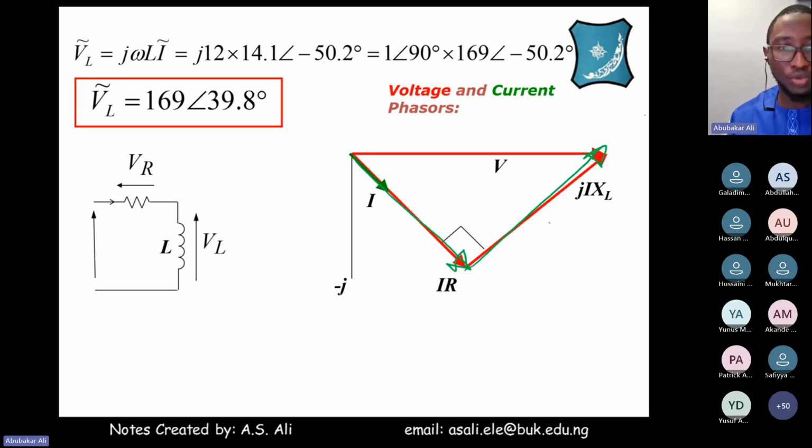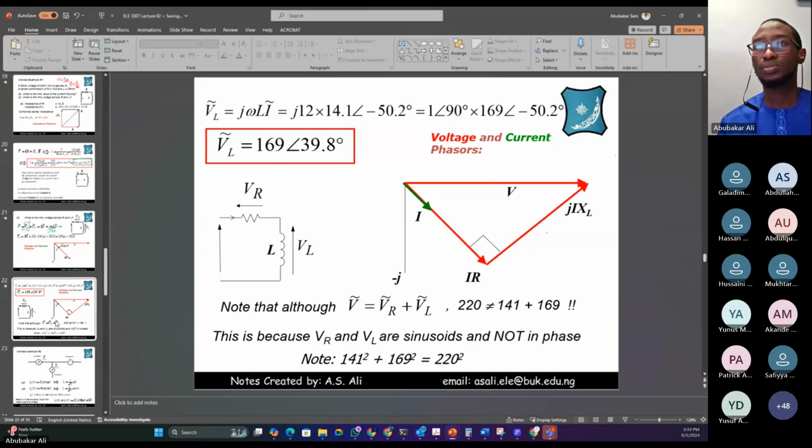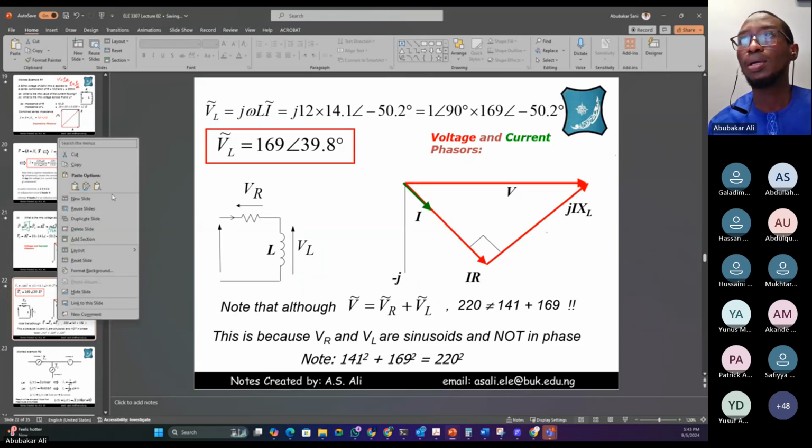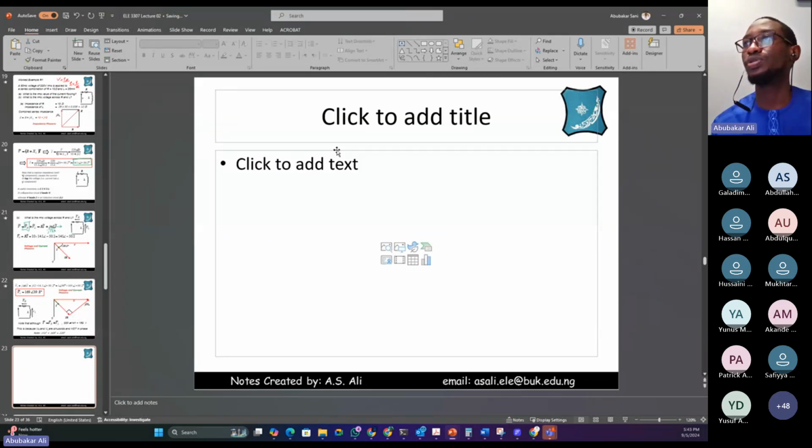I don't know, should we move to the whiteboard? It will be a lot better to demonstrate that on whiteboard. But some of you cannot see it. Okay, this is what I will do. Let me add an empty slide. There's nothing on it.